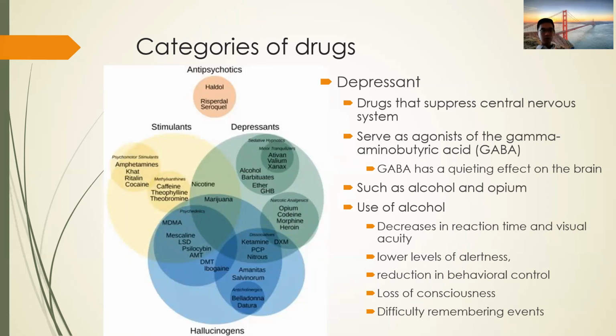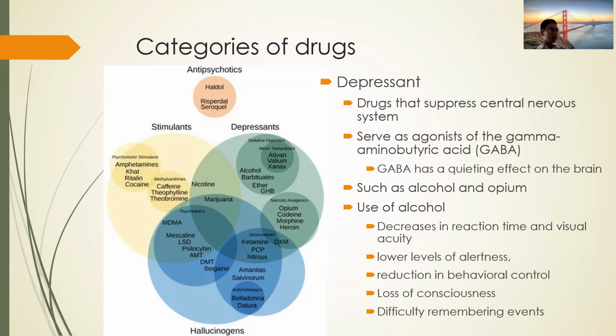What GABA does is calm down the brain, has a quieting effect on the brain. So actually GABA lowers the brain activity in the nervous system. So the depressants are agonists. Agonists are drugs that strengthen that effect. GABA can calm down and quiet the brain, so the depressants also strengthen that quieting and calming effect of GABA.